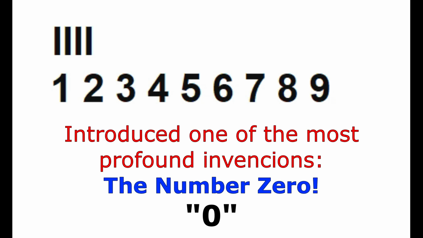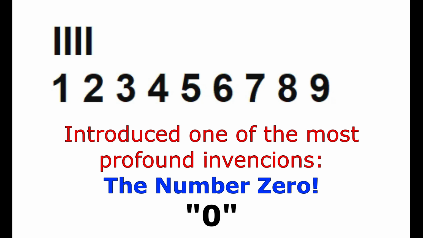So, what ingenious solution did the inventors of the positional system devise? They introduced one of the most profound inventions in human history, the number 0. This 0 was represented by a simple, round, or oval shape, perhaps symbolizing a void or emptiness.